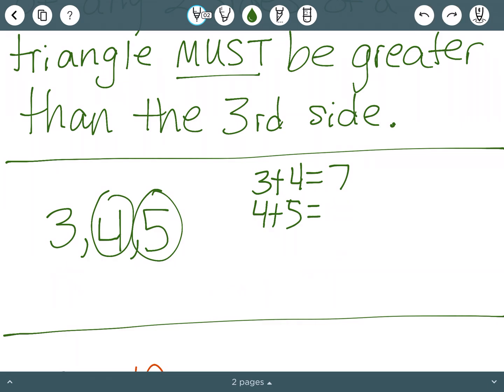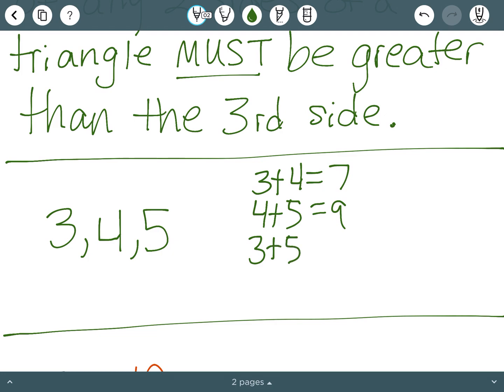I want to get rid of those circles though. So 4 plus 5 does equal 9. All right, and then we want to look at sides 3 and 5. These are all of the combinations of adding sides that we can come up with here. So 3 plus 5 gives me 8.